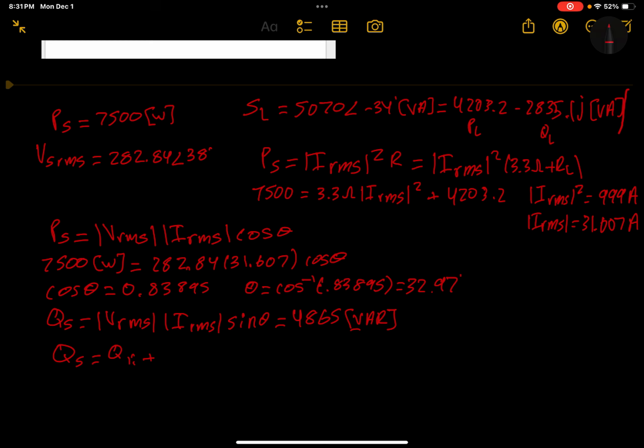But we already solved for the source, but the reason we rewrite it is because we can rewrite this equation to solve for the reactive power of the line, which is this. And solving for the reactive power of the line, we get that it is equal to 7,700 VAR.